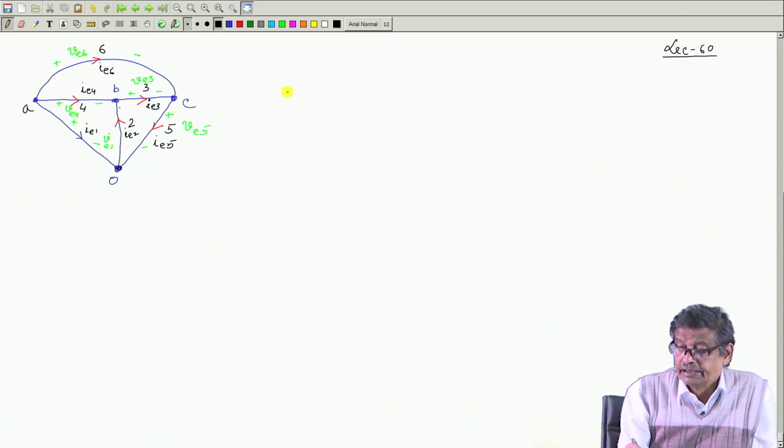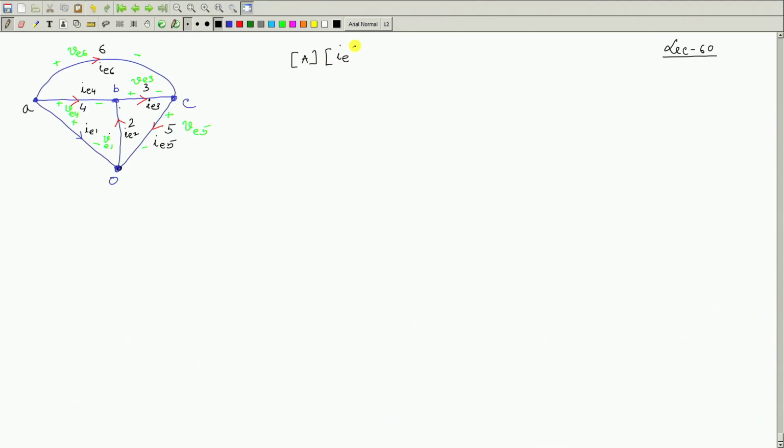and I will say now, after knowing the result, that A into I E is a column vector and this is equal to 0, and this is reduced order, that is, at O I am not writing the KCLs.